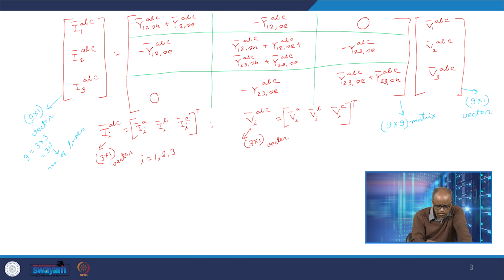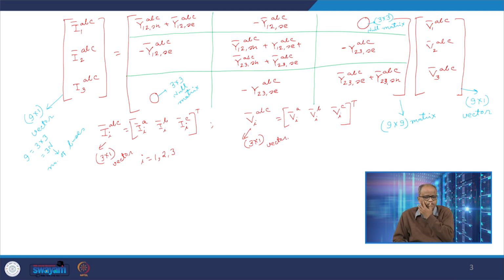Please note that these are nothing but 3 cross 3 null matrices. So, whenever there is no direct connection between any two buses, the corresponding off diagonal block would be a null matrix.